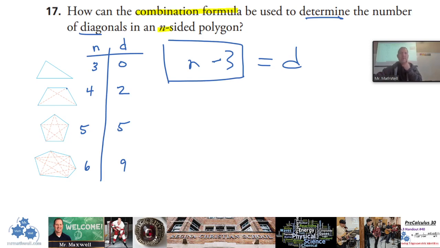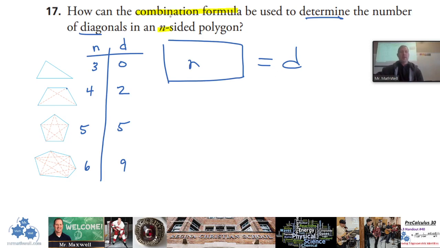So it's not this one. The combination formula would be like nCr, right? So could we do n and then C and then n minus 1 or something? How could we build a combination formula using n to get to d?